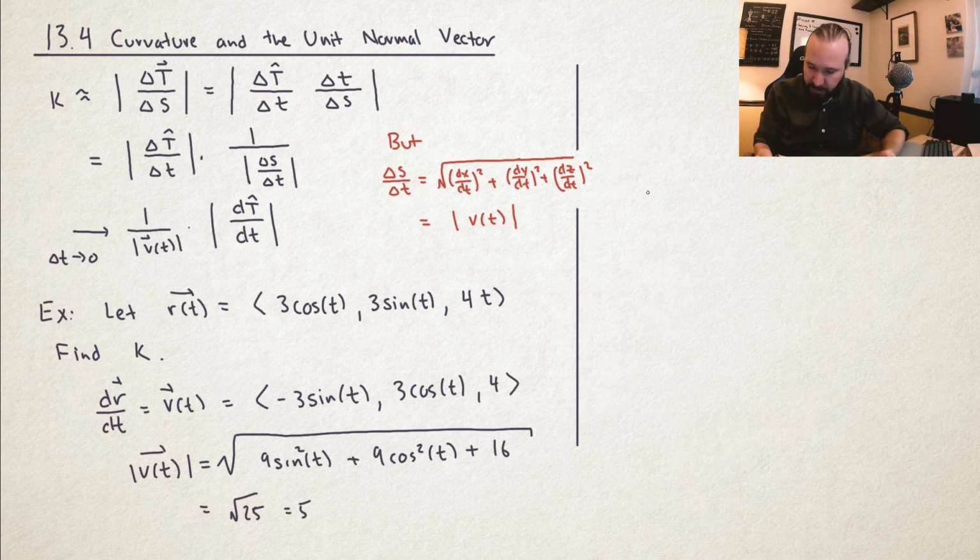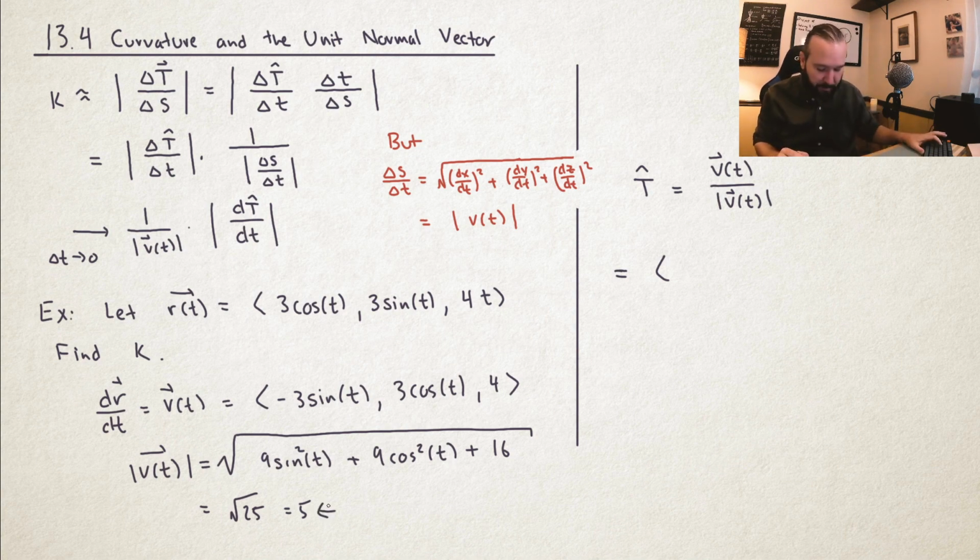Okay. So what does this mean? This means that capital T is going to be V over magnitude V. So in our problem, all I need to do here is take the velocity and divide by its magnitude.